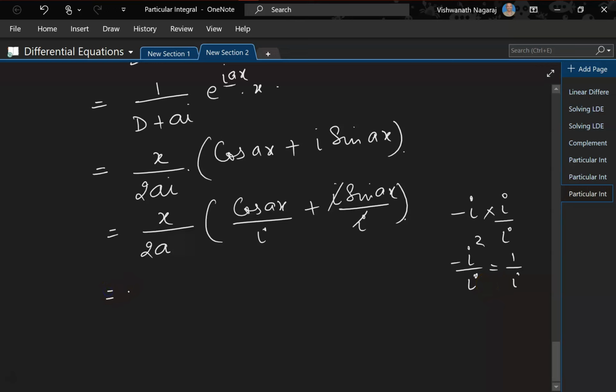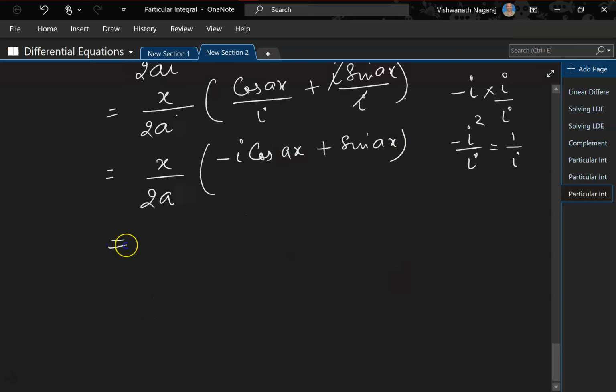So this becomes x by 2ai, minus i cos ax, cos ax plus sin ax, and now we can write x by 2a, sin ax minus i cos ax.